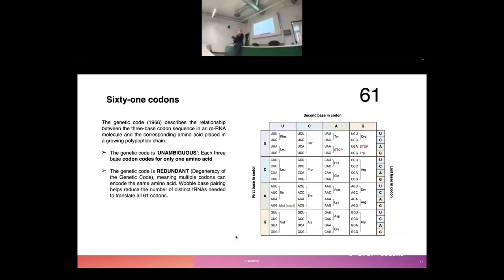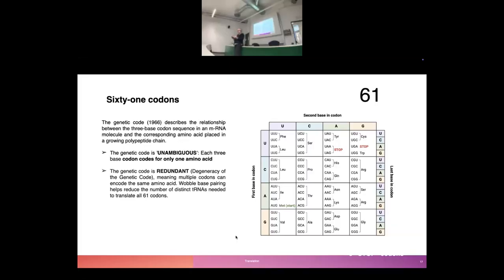It's slightly different for prokaryotes, even if it works exactly in the same way, there are few differences. But in general terms, the genetic code is universal because it works for both prokaryotes and eukaryotes in the same way. But the table is not exactly the same for prokaryotes and for eukaryotes.